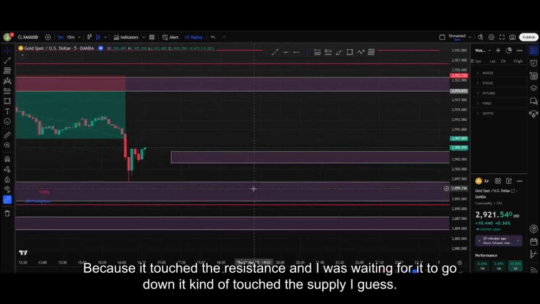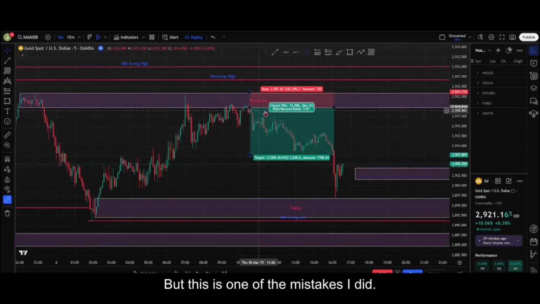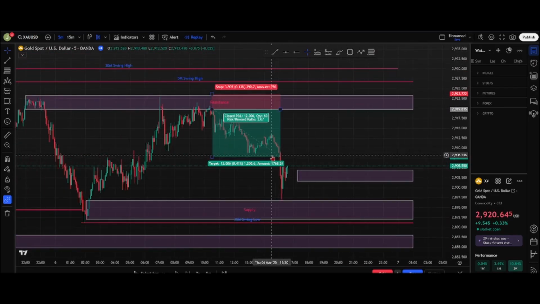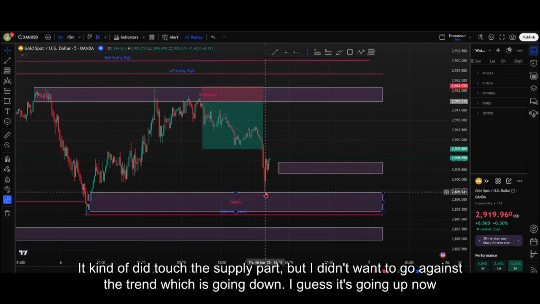It kind of touched the supply, I guess, but this is one of the mistakes I made, and I'm trying to learn from it. It did touch the supply part, but I didn't want to go against the trend, which is going down.